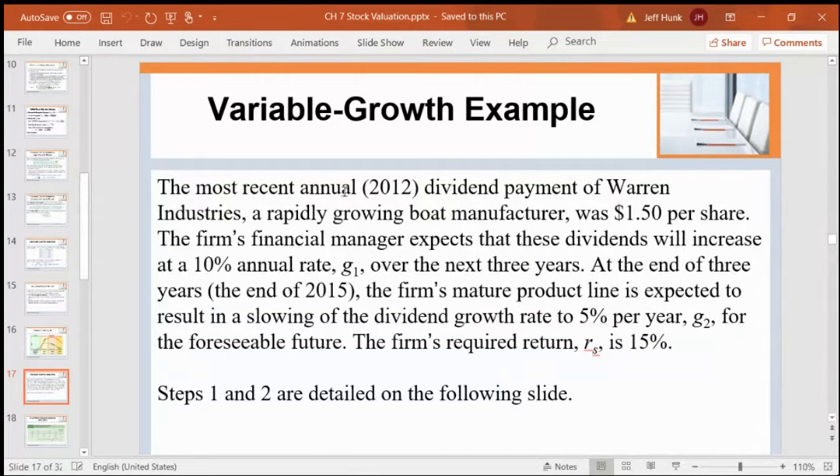2012 is the most recent year. That means we are at the end of 2012 or at the beginning of 2013, but for us, the end of 2012 is the same thing as the beginning of 2013. Let's say we have received the 2012 dividend.